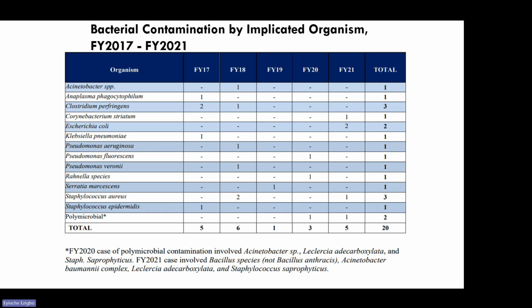Bacterial contamination by implicated organisms. You see some of the organisms. These are the years of study: 2017, 18, 19, 2020, 2021. So we can see that as at 2021, microorganisms are still contaminating blood products. And as at 2021, the highest organism is Escherichia coli.